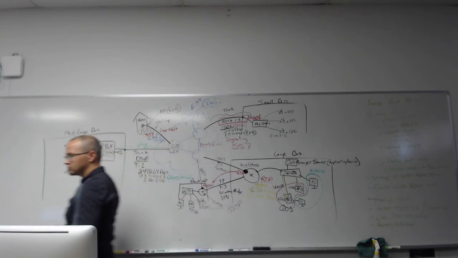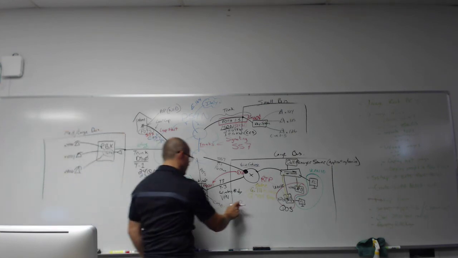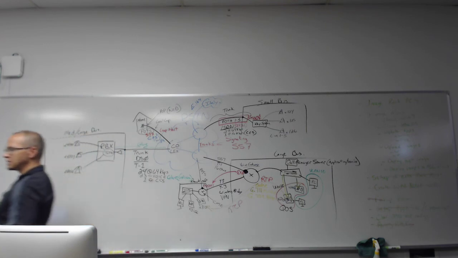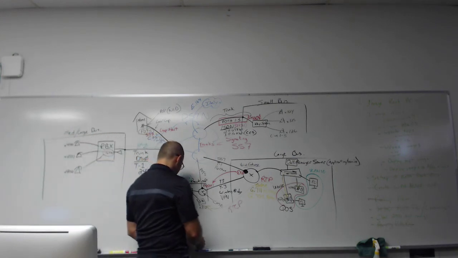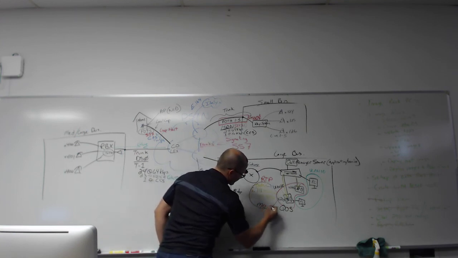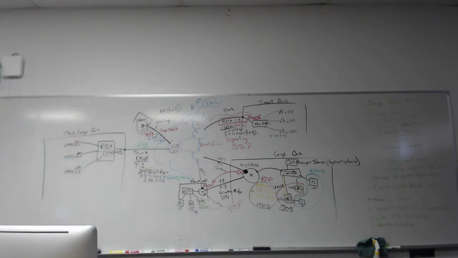RTCP. MOS, M-O-S, is a measurement to compare codecs. So let's throw that with these codecs signaling here. Compare the difference between the codecs and the quality of the call.